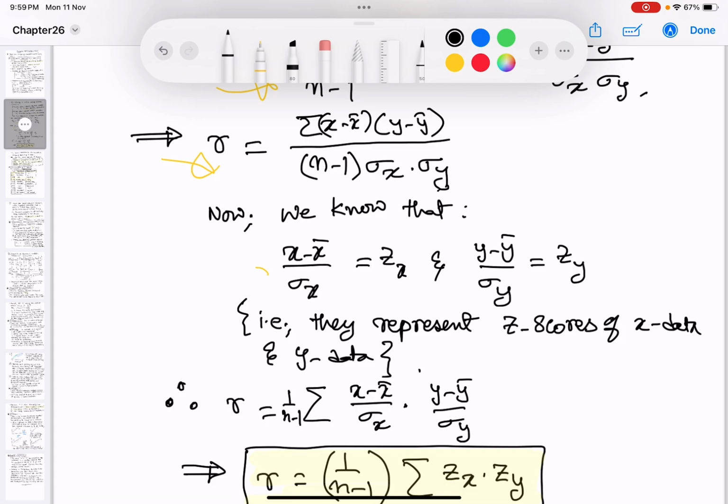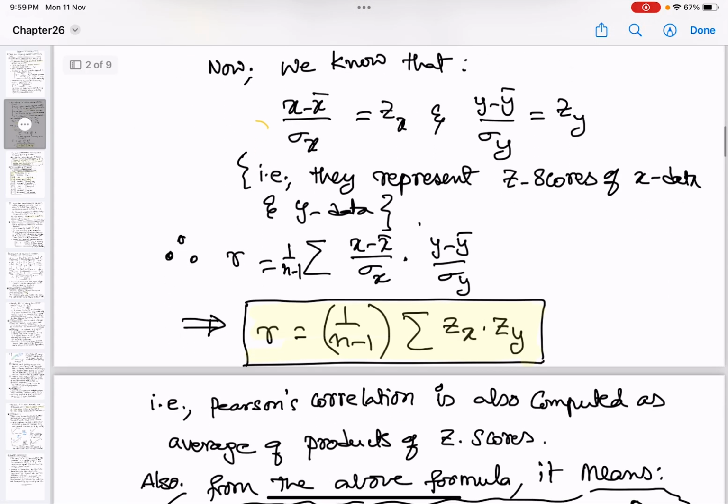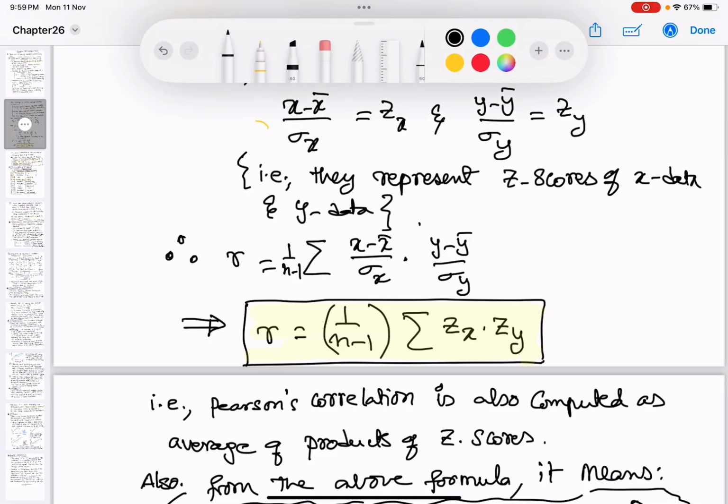Now after you find the z values, what formula will you get for Pearson's correlation coefficient? It is 1 upon n minus 1 times the summation of zx multiplied by zy. Nothing to be confused, this is exactly what we saw: 1 upon n minus 1, where n is the number of observations, and zx and zy.